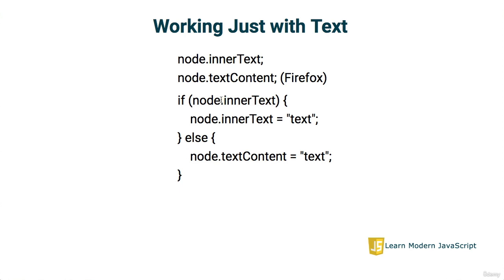Using the truthy and falsy that we talked about with if conditionals, if inner text is available, it will result to true. Therefore, you then go ahead and use inner text to set the text to what you want it to be. Else you use text content to do that. And that would mean that it's in a Firefox browser. So that's something you can use if you choose to.